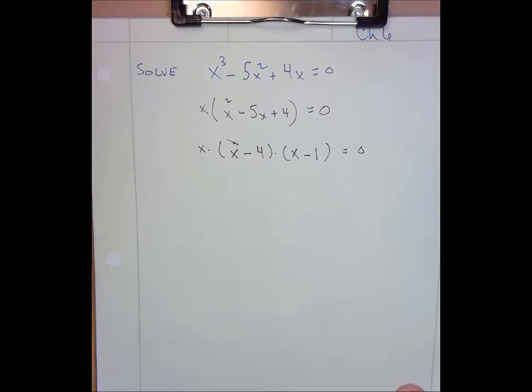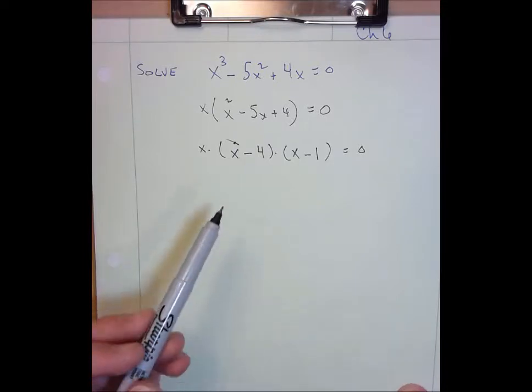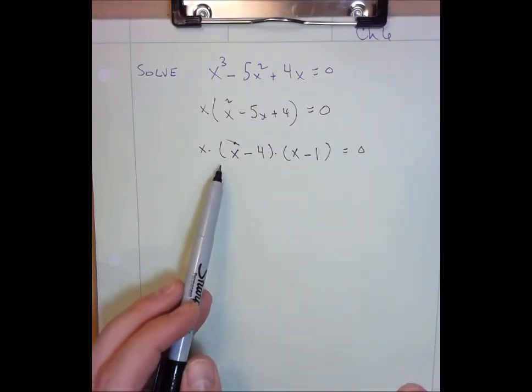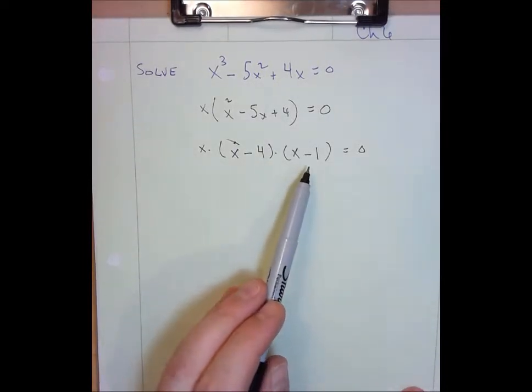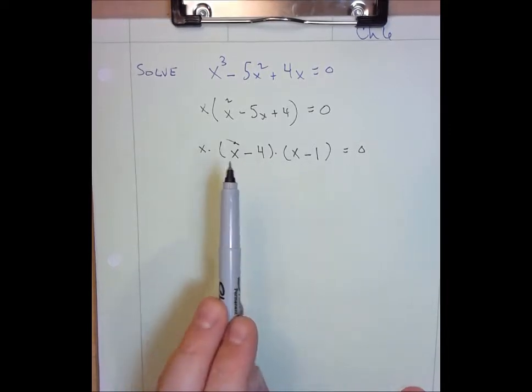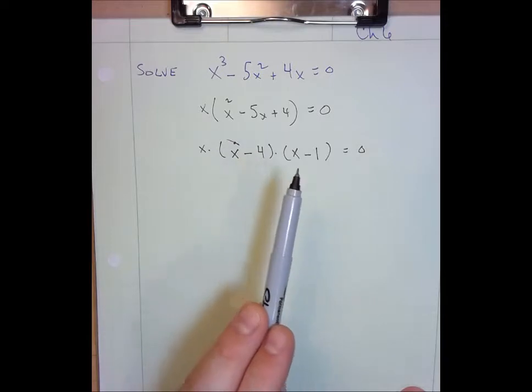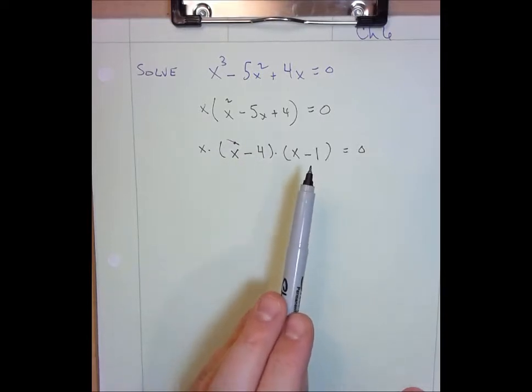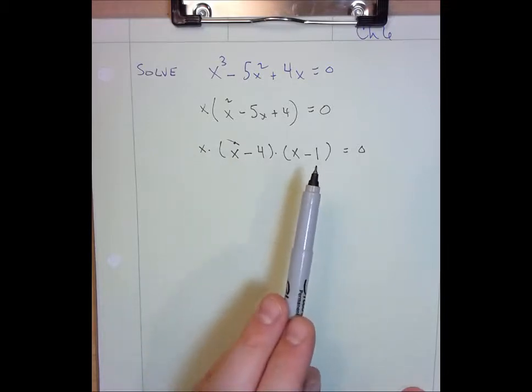We're going to use something called the zero product property, which sounds all fancy, but it makes total sense, I think. If you have a bunch of things multiplied together and that product ends up turning into a 0, then that means that one or more of these items in the product itself had to be 0, because otherwise you're not going to get 0 when you do this multiplication.